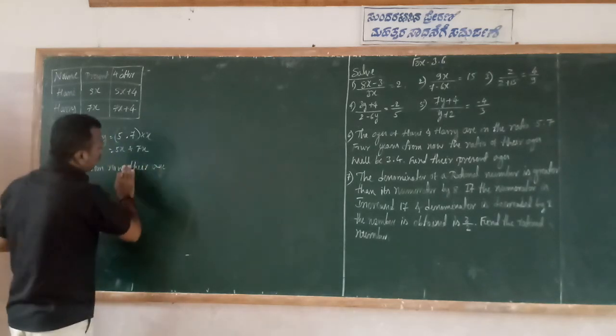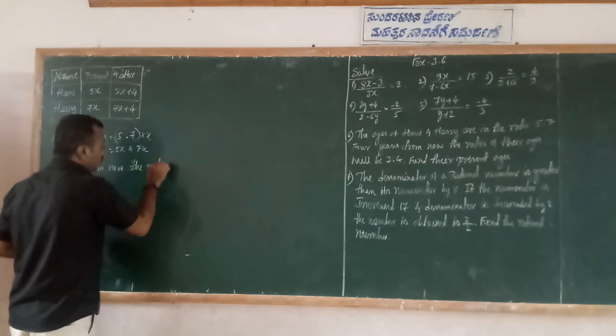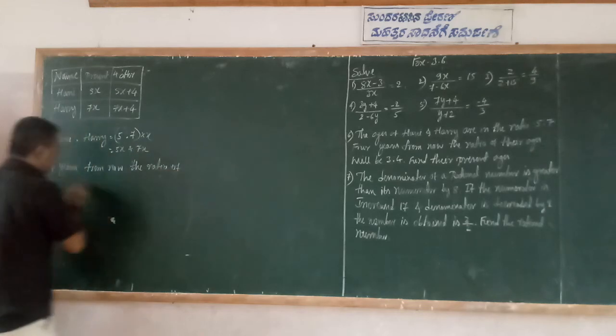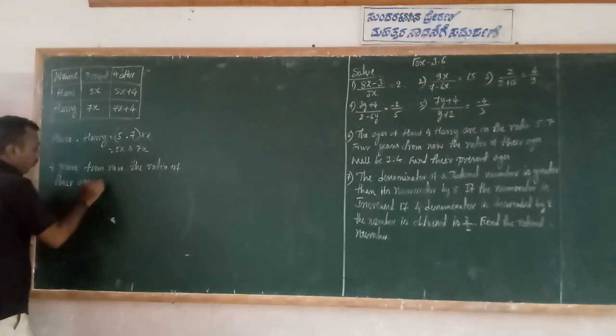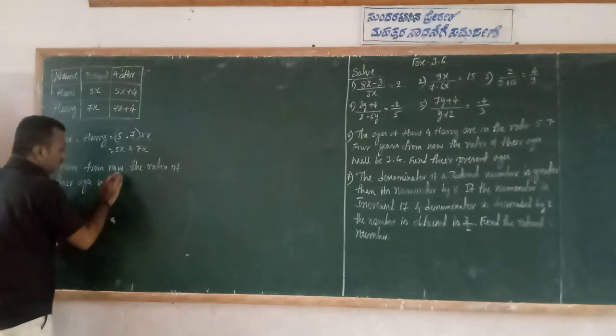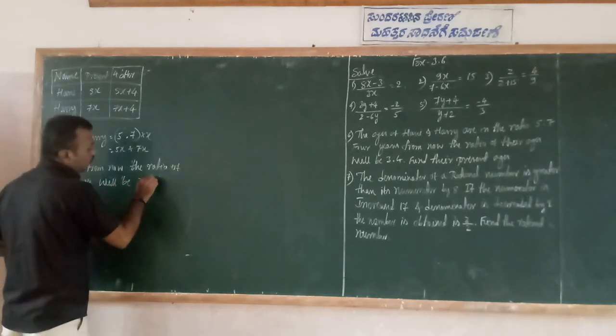4 years from now, the ratio of their ages will be 3:4.